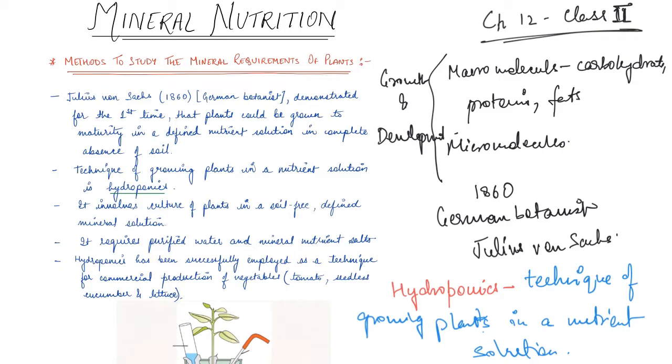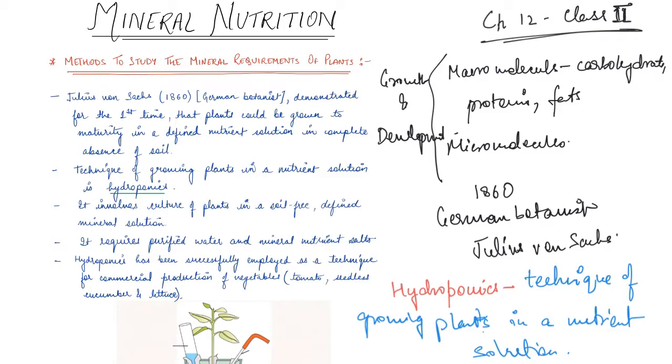Right? Now, the essence of all these methods involves culture of plants in a soil-free solution. So soil-free mineral solution. Right? So these methods basically require purified water and all the mineral nutrient salts. After a series of experiments in which the roots of plants were immersed in these nutrient solutions, we added some element to see the performance of that plant, and then we removed it and gave another concentration, right?